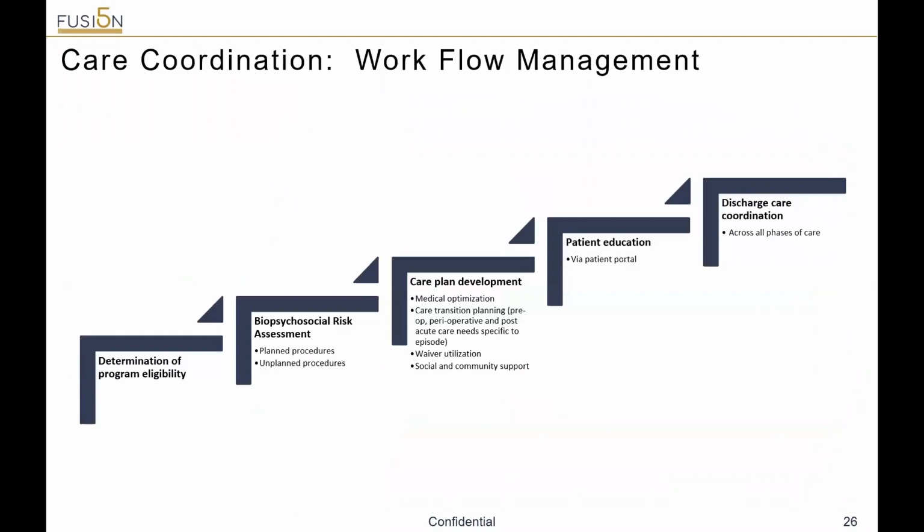Look at the biopsychosocial assessments, develop a care plan. At any point you can go back as things change and think about re-entering an optimization pathway to go back and then redo some of these steps. Really work with patient education and their family caregiver members, and then work on those transitions of care and the care necessary across all phases of care.